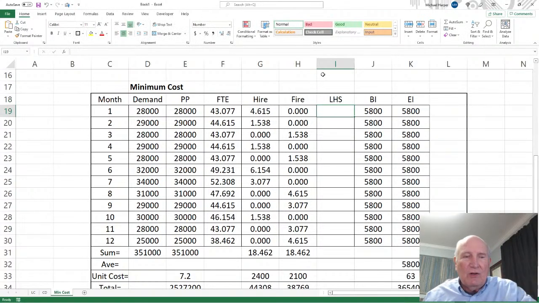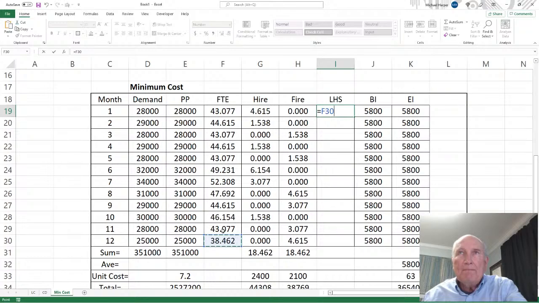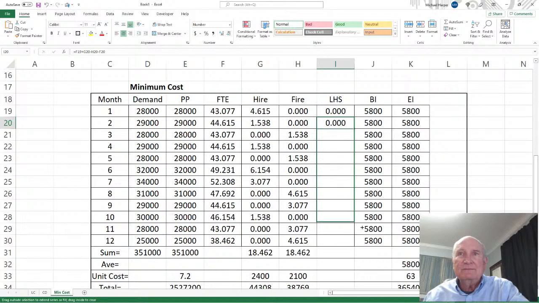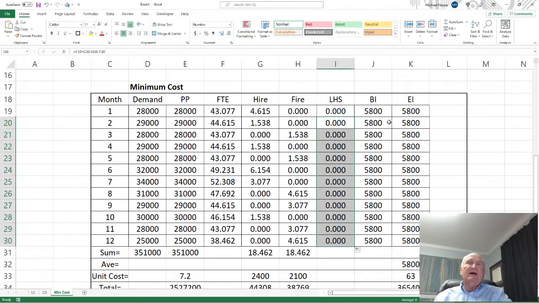If you recall the equations, which I did in the lecture, it equals the FTEs in the previous time period plus your hire minus the fire minus the FTEs in the current time period. Then we do it again: equals the FTEs in the previous plus the hire minus the fire minus the FTEs in that time period, and we can copy that down. So now we have our left-hand side.